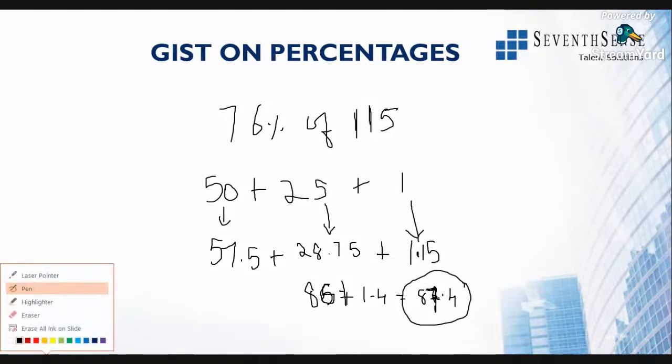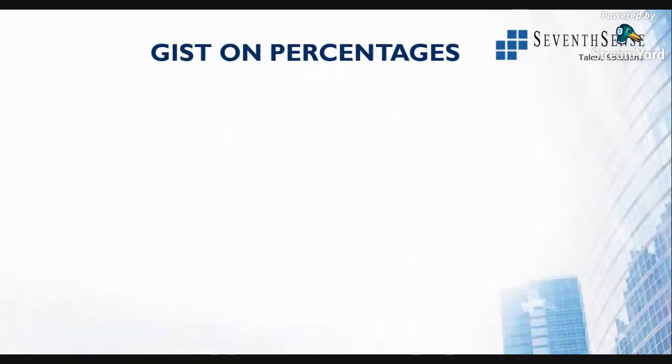But what if they ask you this way? 115% of 320. What is the value of 115% of 320? Whenever they ask you like this, you need to split up the values. 115 is nothing but 100 plus 15, right?